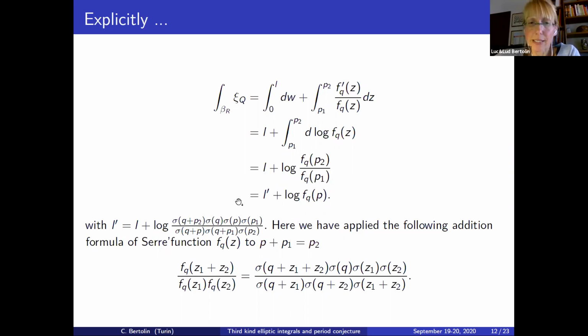And I can write it exactly as L prime plus log FQP using the following addition formula of the sigma function applied to P plus P1 is equal to P2. So I reduce this period to L prime plus log FQP.